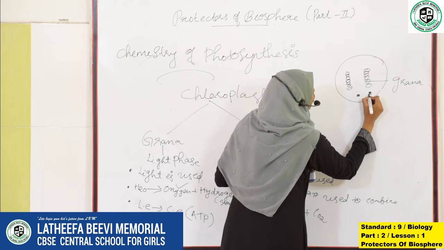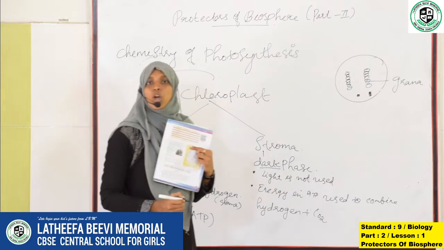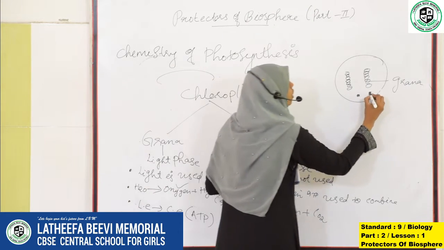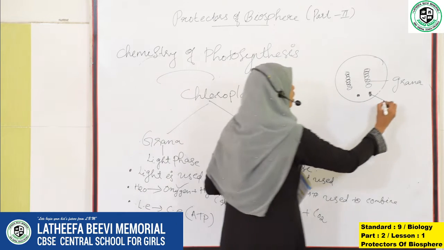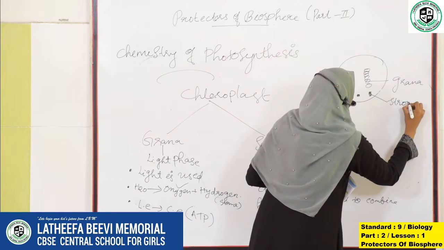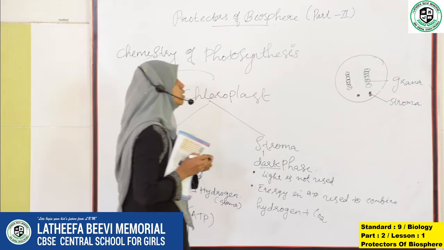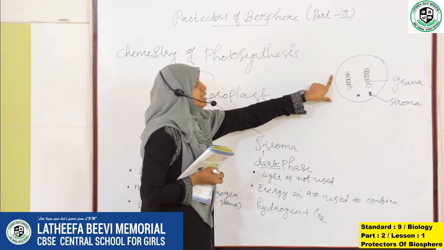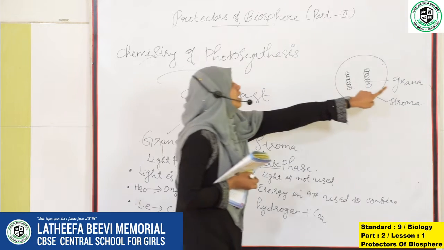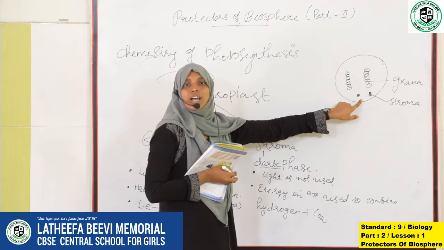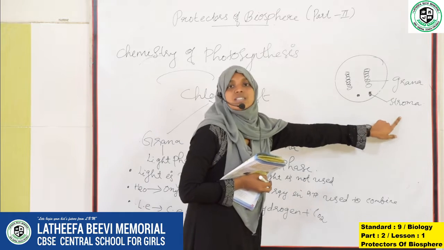The fluid part is called stroma. So this is the structure of the chloroplast.